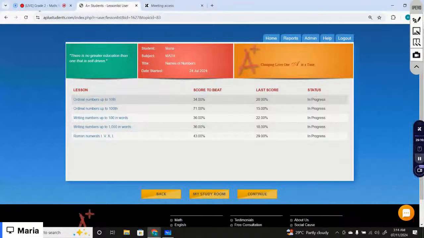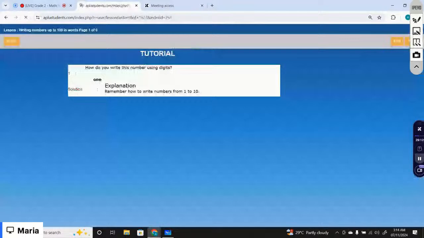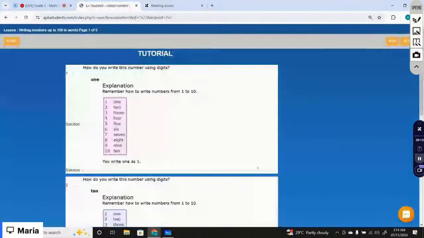The next lesson is writing numbers up to hundreds in words. So how do we write numbers in the word form, right? How do you write this number using digits? You are given 1, right? That's how we read the numbers.